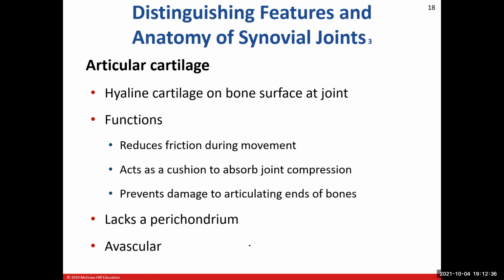The only type of cartilage that doesn't have a perichondrium is fibrocartilage. Well, keep in mind, I always say that there's exceptions to the rule. Here's one of those exceptions. The articular cartilage is going to lack a perichondrium. It will not have that covering. And it's going to be avascular, which we knew already. Mature hyaline cartilage is going to be avascular.